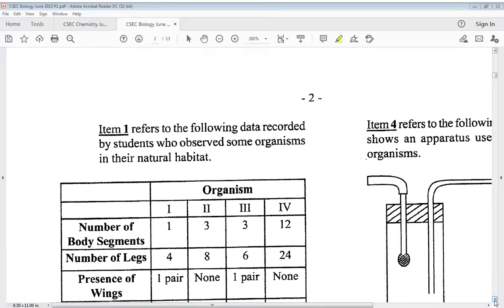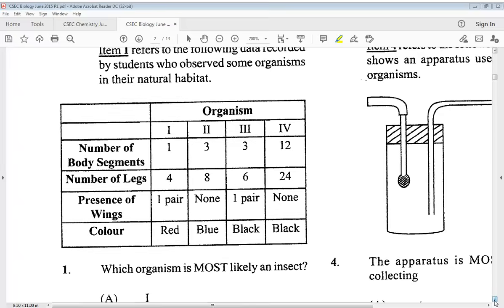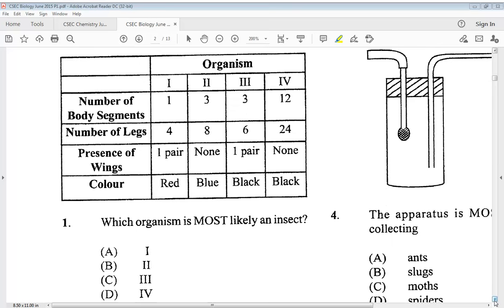We have number of body segments, and then the organisms 1, 2, 3, 4. Then we have number of legs, presence of wings, and color. Which organism is most likely an insect? The answer would be C, 3.